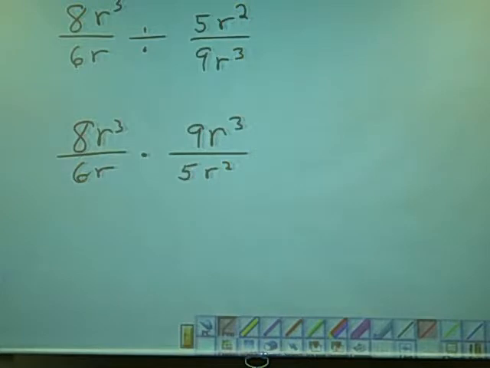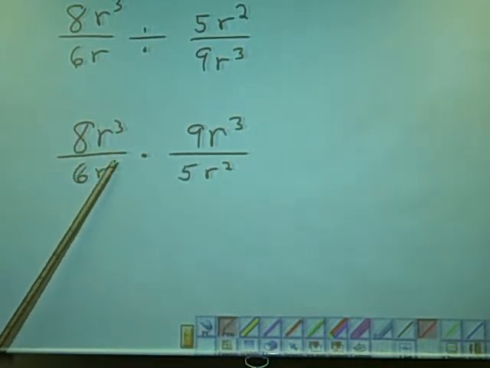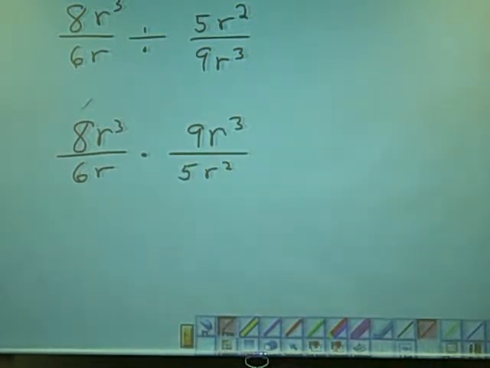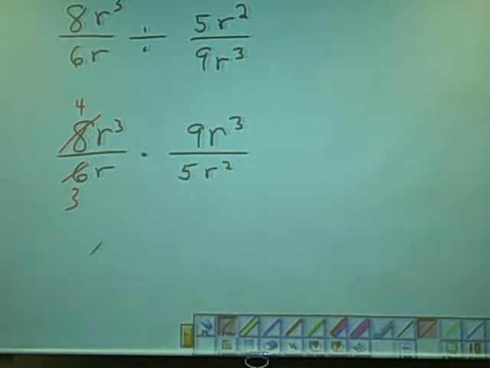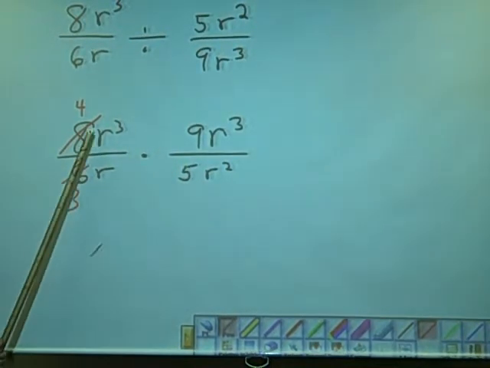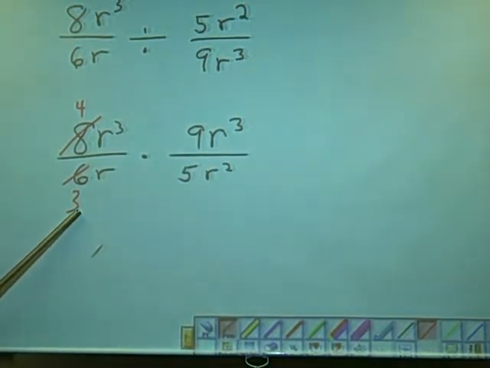And that way you don't miss anything by doing it the same way every time. So we start with the 8. And we can see that 8 can cancel into 6 2 times. So 2 can go into 8, and that's 4. 2 can go into 6, and that's 3. And then we want to see, can 4 cancel in anything? No, it cannot. Well, how about the 3?